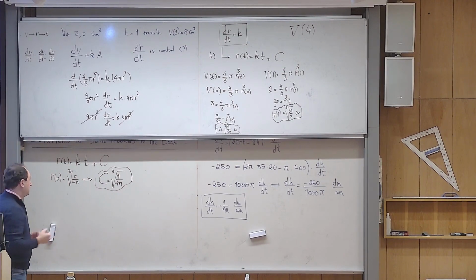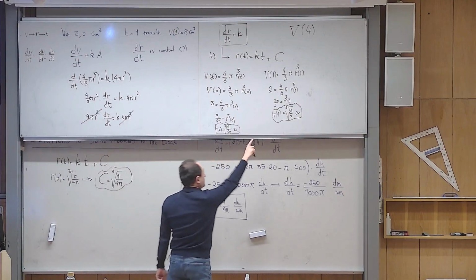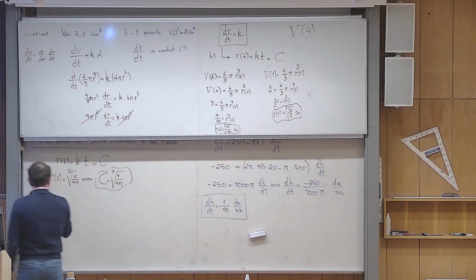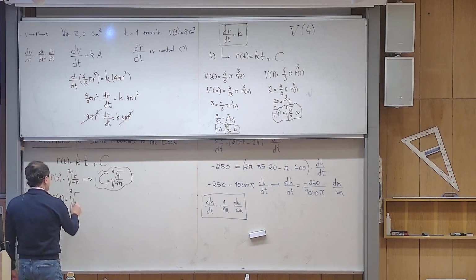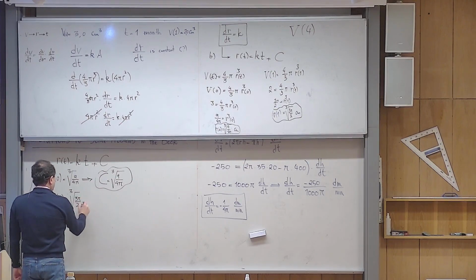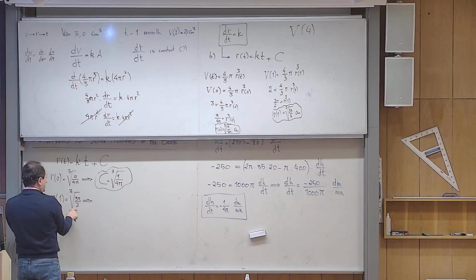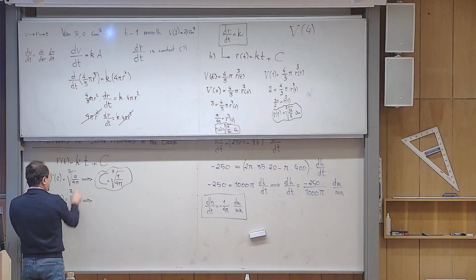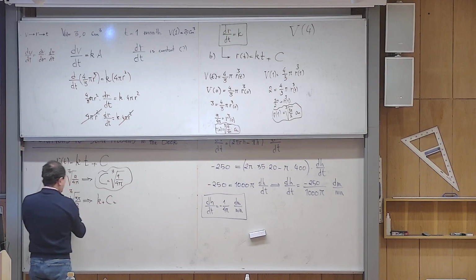And then, now that I have c, I have another piece of information to use. R at time 1, R1, is equal to the third root of which number? 3 pi over 2. So this means that if I go to R, replace t with 1, the answer is supposed to be this number. If I go here, replace t with 1, I get k plus c is equal to that number.